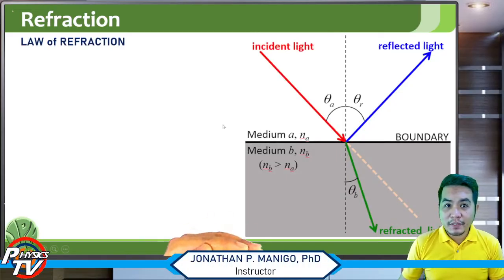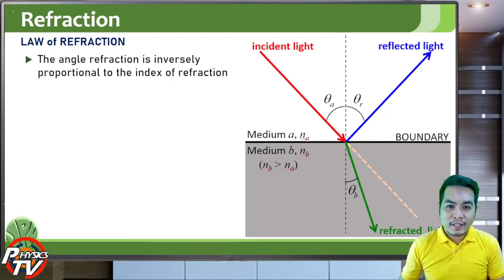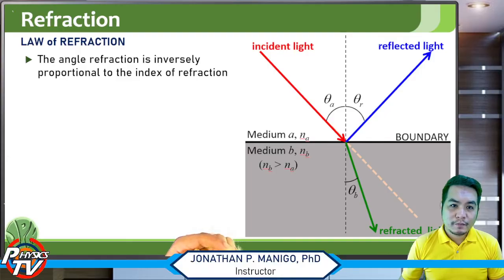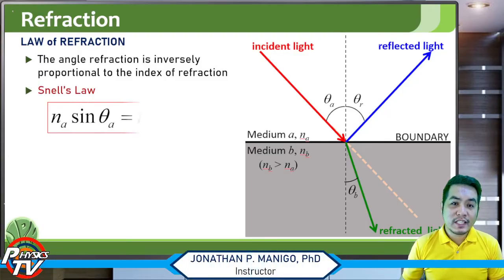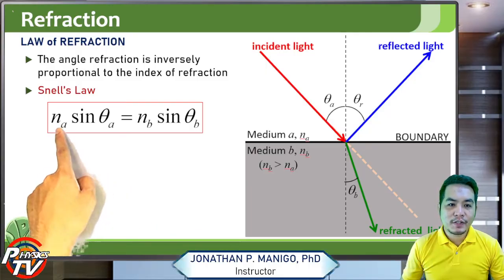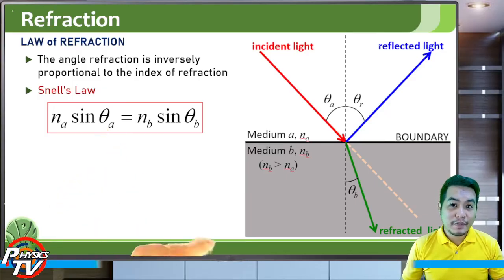So similar to reflection, we also have a law of refraction. This states that the angle of refraction is inversely proportional to the index of refraction. This is also called Snell's law. So you will notice here that the index of refraction and the sine of the angle are inversely proportional to each other.